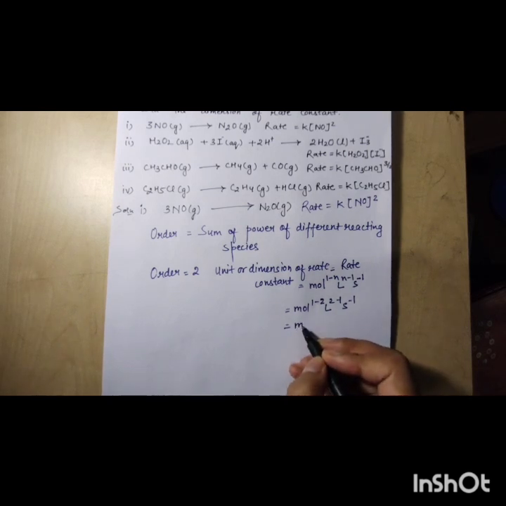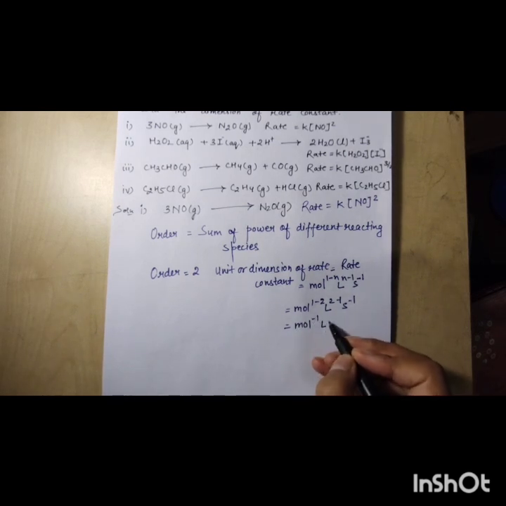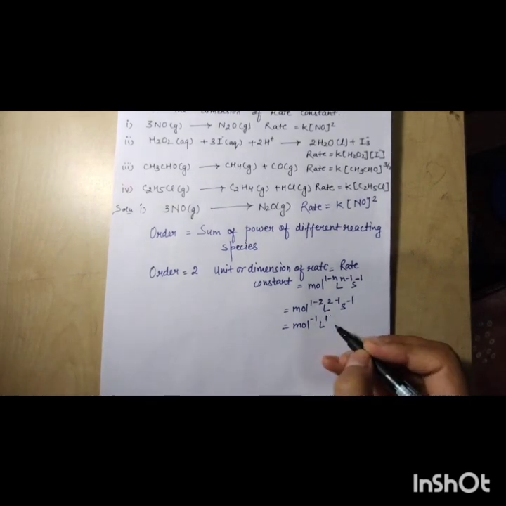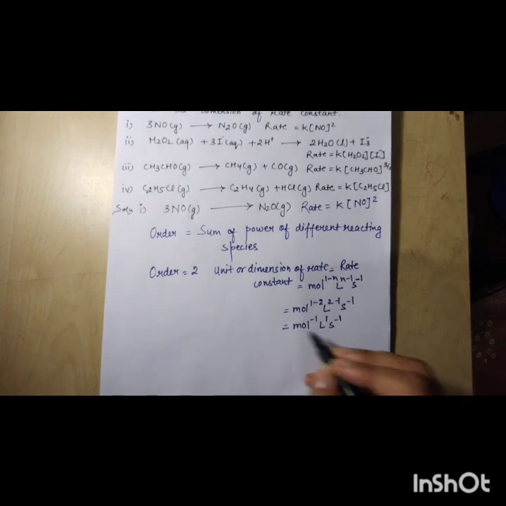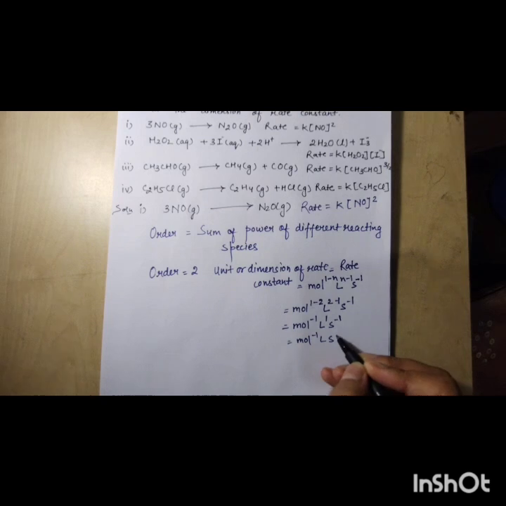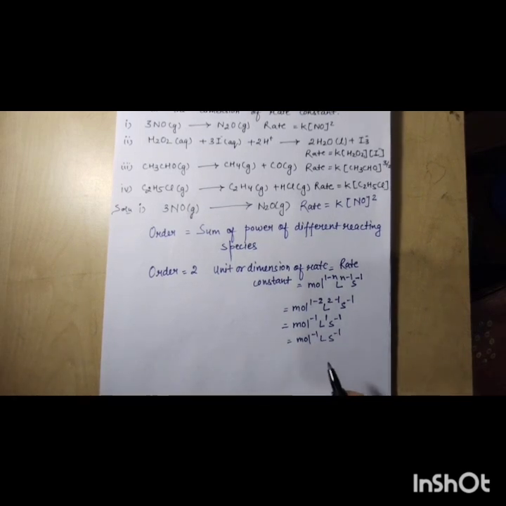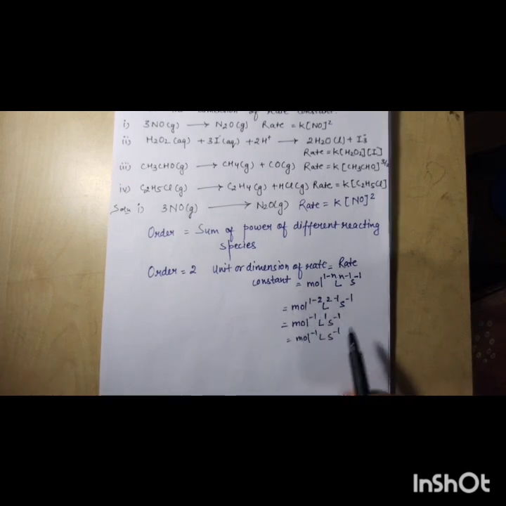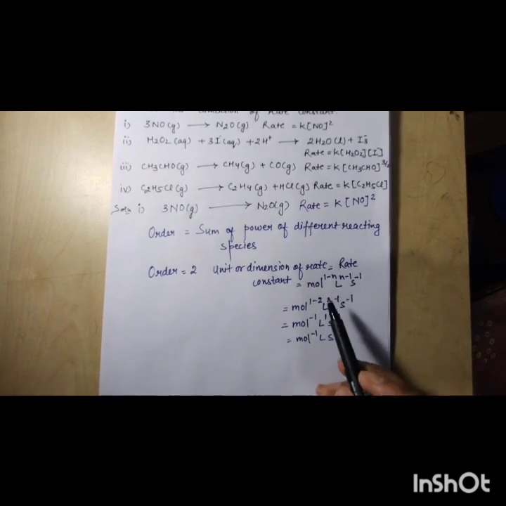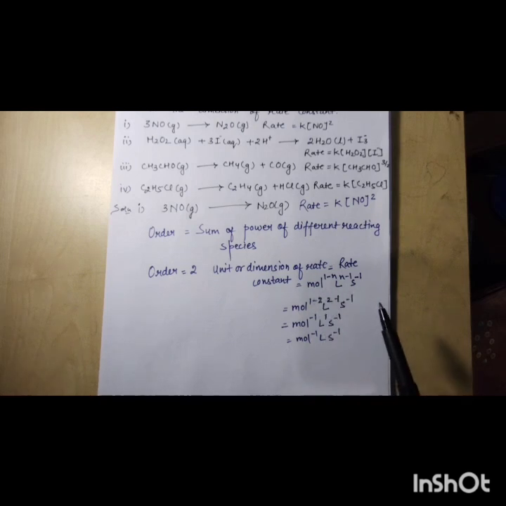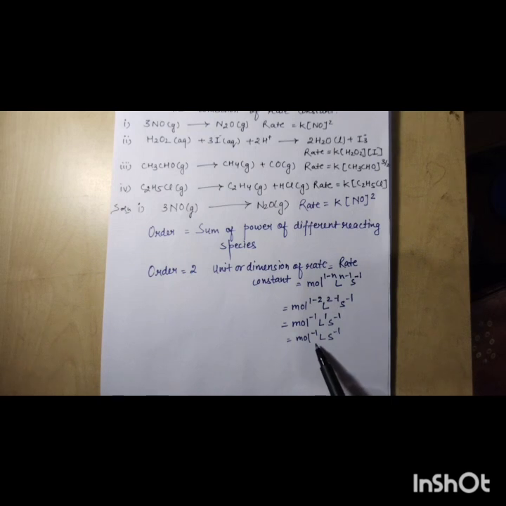So we get mole^-1 liter^1 per second, or we can write it like this, mole inverse liter per second. So this is the way you have to calculate the unit of rate constant, by putting the value of order in this formula. So we will get the unit of rate constant as mole inverse liter per second.